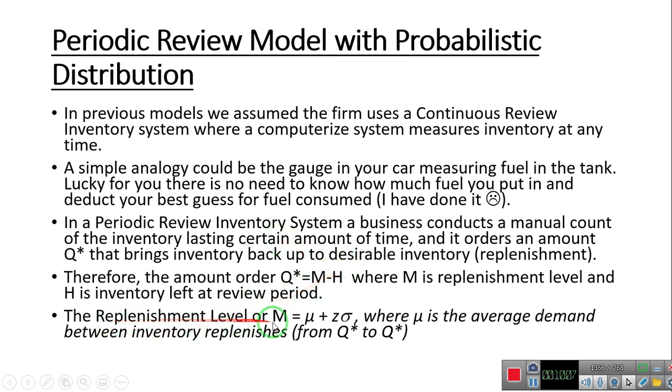Now, this replenishment level, unfortunately, because things are going to be moving around, is going to be determined by the demand. And the demand is not deterministic, it's probabilistic, and it's normally distributed.